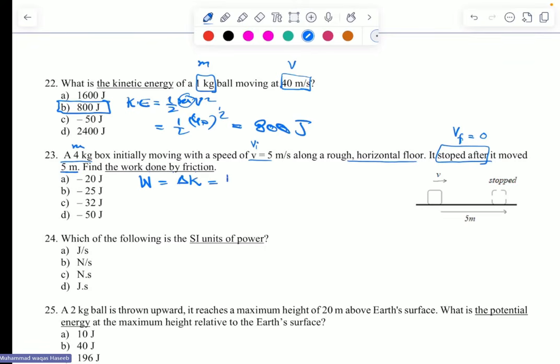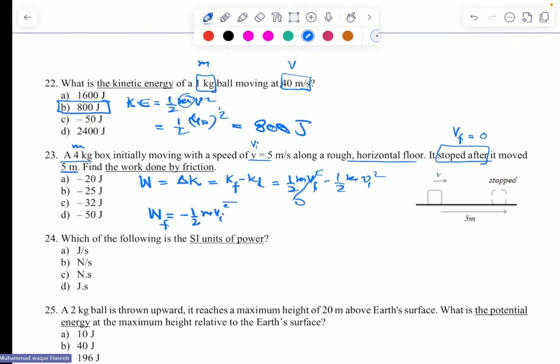The work energy theorem says that the work done is equal to the change in kinetic energy. So the change in kinetic energy is K2 minus K1, or Kf minus Ki, which is one half m vf squared minus one half m vi squared. The final term is 0 because it stopped. Then the work done is negative one half m vi squared.